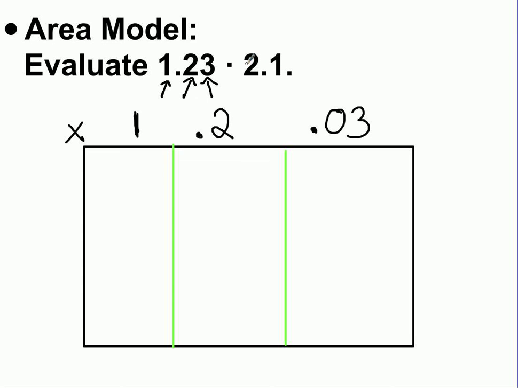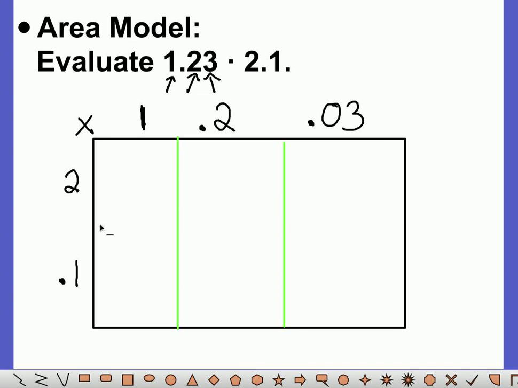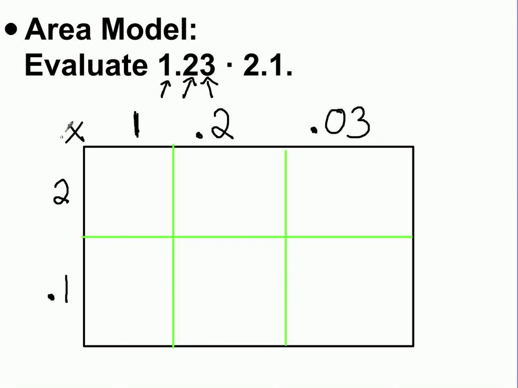2 wholes and 1 tenth. Okay. 2 times 1 is 2. 1 tenth times 1. Well, wait a minute. 1 times 1 is 1.